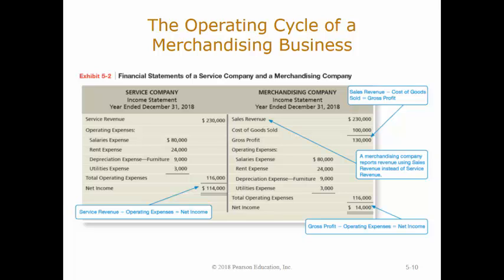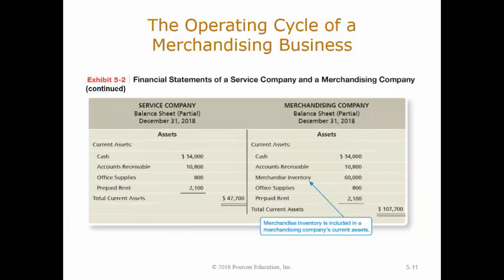The most notable difference is that the income statement for a merchandising company includes line items for cost of goods sold and gross profit. The balance sheet shows a new asset account called merchandise inventory. Merchandise inventory is a current asset since it is expected to be sold within the operating cycle.